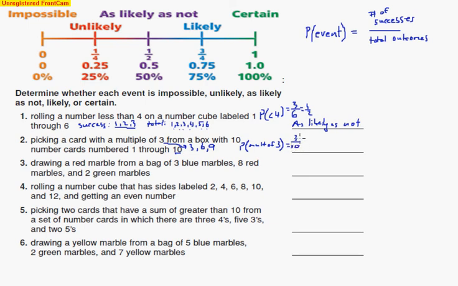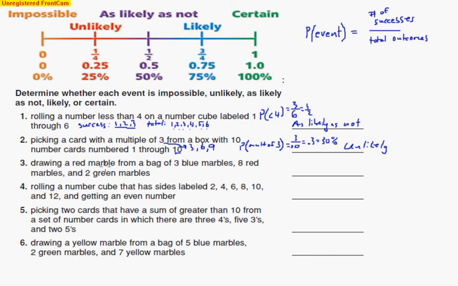This fraction is the same thing as 0.3 or 30%. When we have a number that's less than 50%, we would say it's an unlikely event. It's probably not going to happen, but it could. It definitely could. It just doesn't happen as often as the numbers that are not multiples of 3.